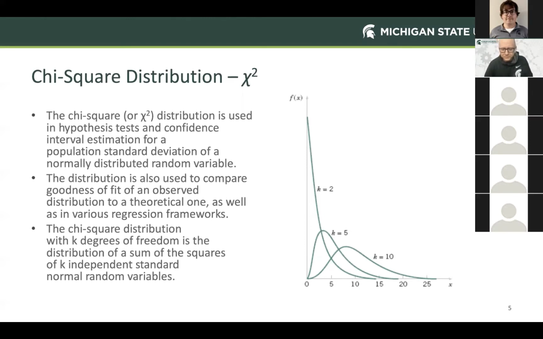And so from a big picture standpoint, a chi-square distribution is going to be defined by its number of degrees of freedom. And this basically is a distribution of the sum of squares of some independent standard normal random variables. And so we'll talk about that a lot more when we get into the regression framework. But as we look at the shape of the chi-square distribution, you'll notice it's quite different, at least at low sample sizes, as compared to what we've seen previously with the normal distribution.